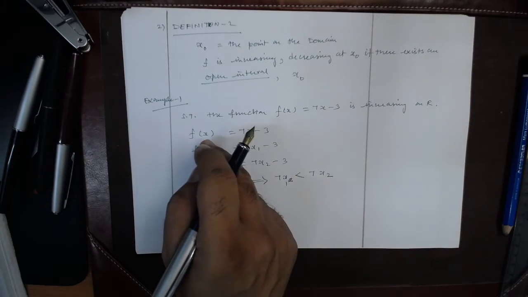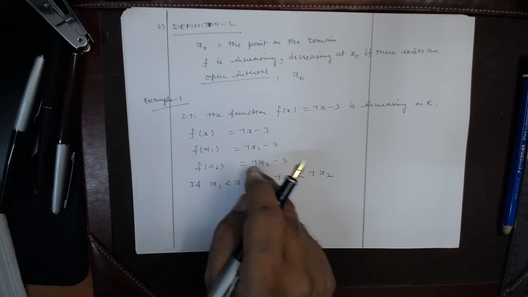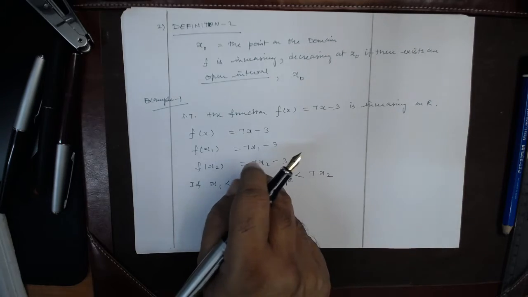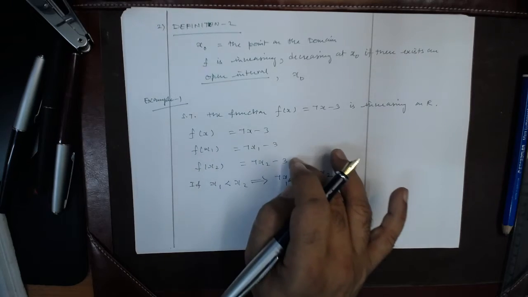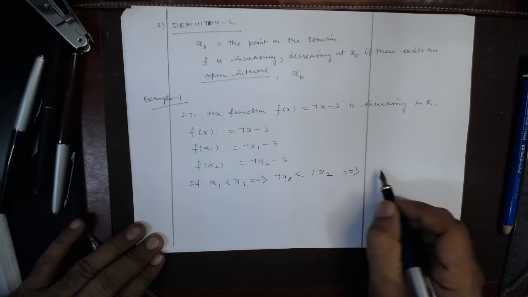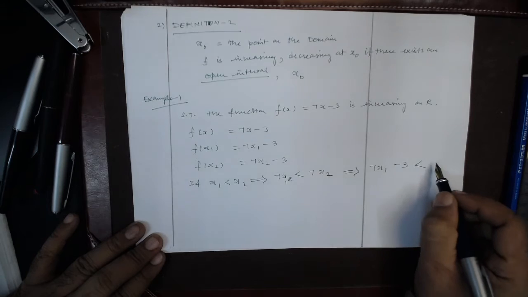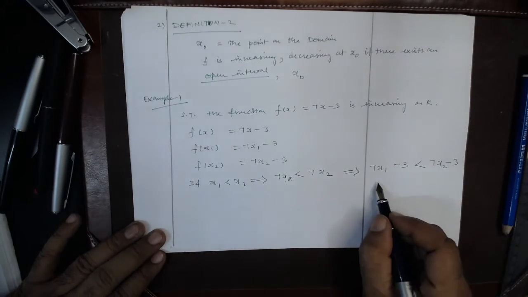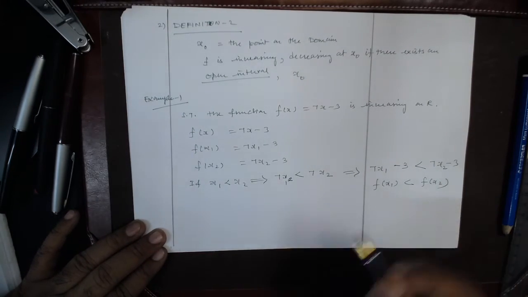For example, when I take 2 and 3, 2 is less than 3, so 7 into 2 is 14 and 7 into 3 is 21. Since 14 is less than 21, it is understood. And these are all constants, minus 3, minus 3. So that implies 7x1 minus 3 is also less than 7x2 minus 3, which is nothing but f of x1 is less than f of x2, correct?